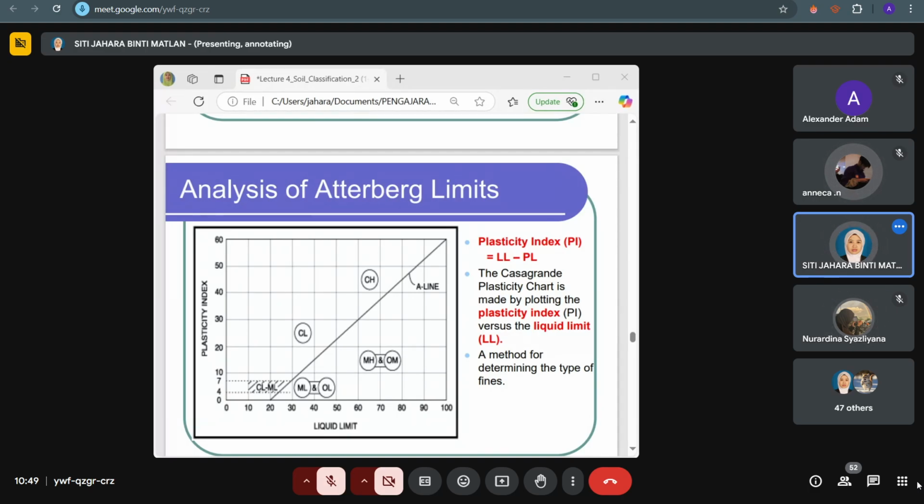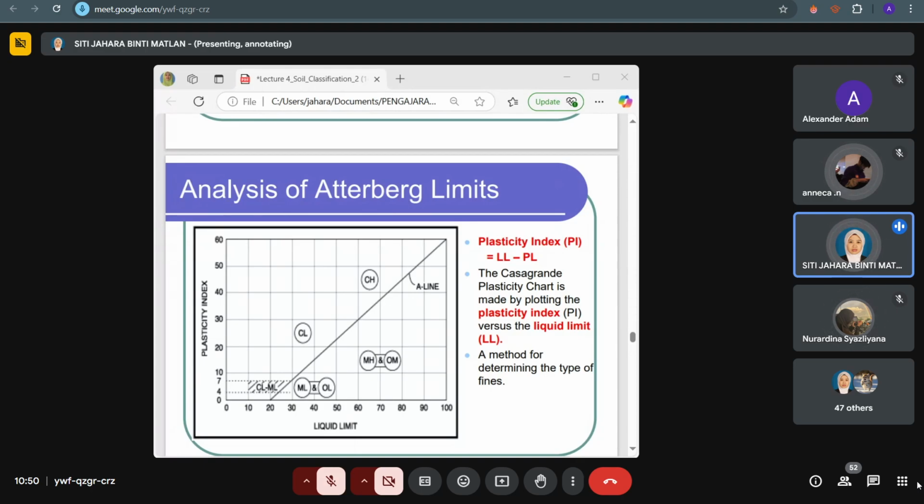Okay, this slide presents the analysis of Atterberg limits using the Casagrande plasticity chart, which is a key tool for soil classification. So basically the plasticity index we can calculate based on the values of liquid limit and plastic limit.